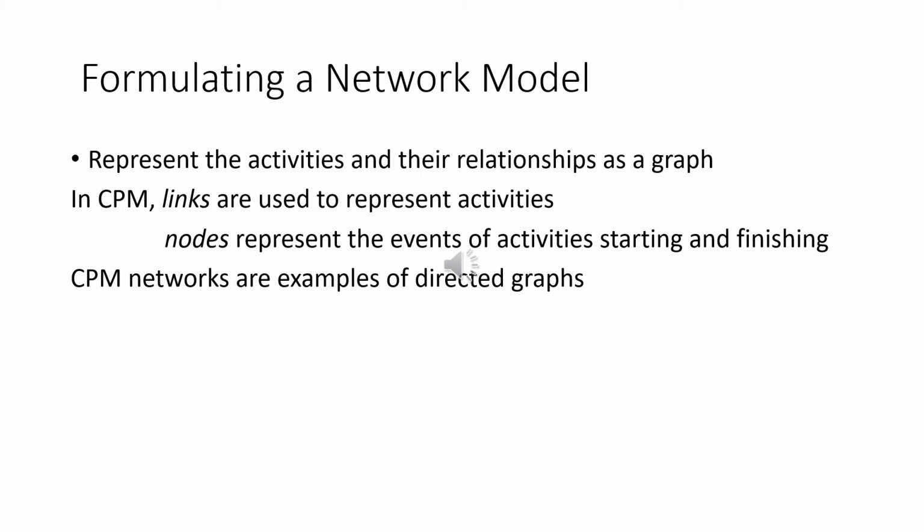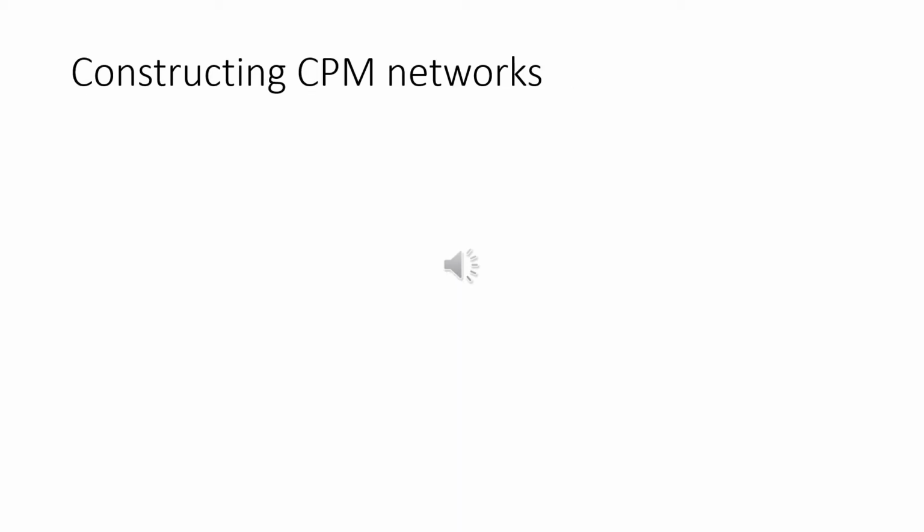The nodes, drawn as circles, represent the events of activities starting and finishing. Constructing CPM networks. Before we look at how CPM networks are used, we shall discuss for a few moments the rules for their construction.